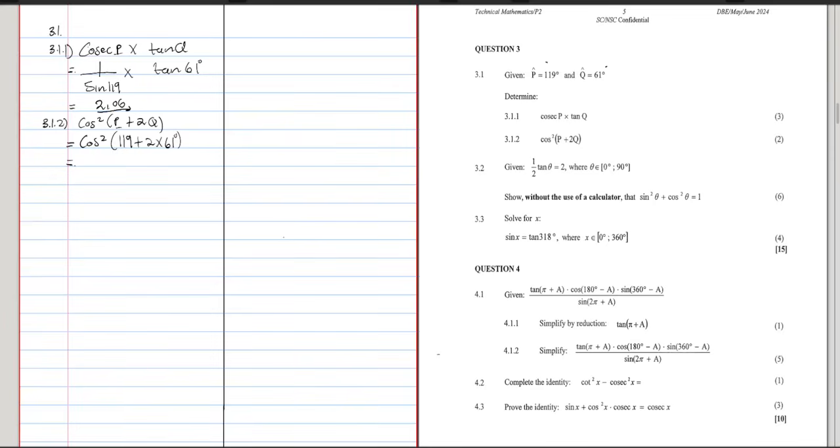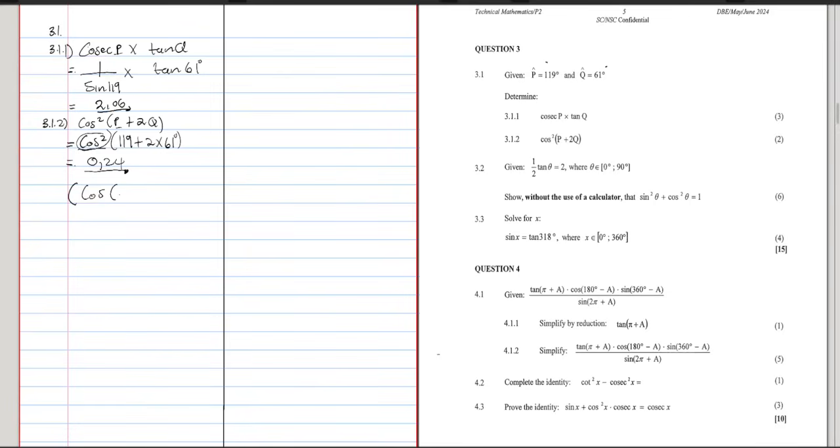I'm getting 0.24. You should be getting 0.24, rounded off to 2 decimal places. Okay, like I said, on paper this is how you write it, but on the calculator you cannot punch in cos squared then open a bracket like this. No, it doesn't work like that. You start off by opening a bracket on your calculator, and then you say cos.